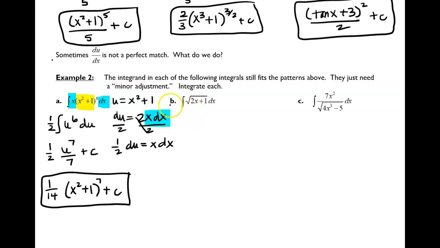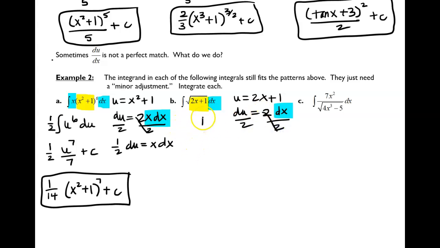In part B, we have the integral of the square root of 2x plus 1. So my u is going to be 2x plus 1, my inside function. My du, the derivative of 2x plus 1, is 2 dx. Do I have a 2 dx? I do not. I have just a dx. And so I'm going to need to divide by 2.